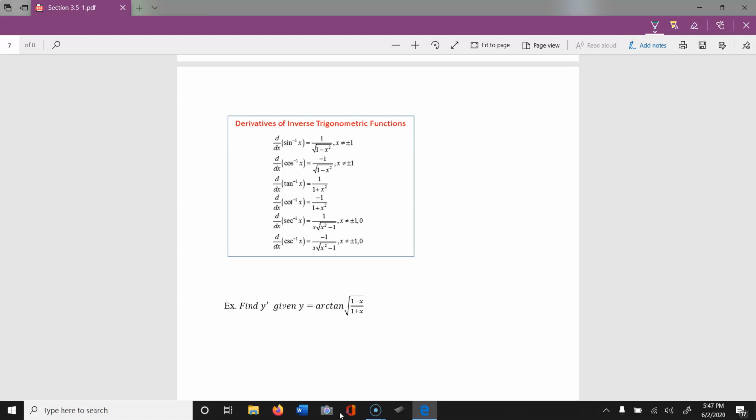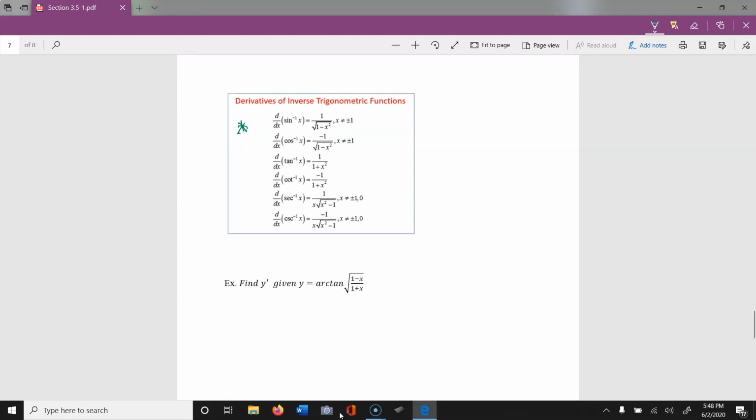Now you do want to commit these to memory. It's always best, especially when you go back to class face to face. Many instructors won't give you a table or anything like that to look off of, so you definitely want to commit these to memory.